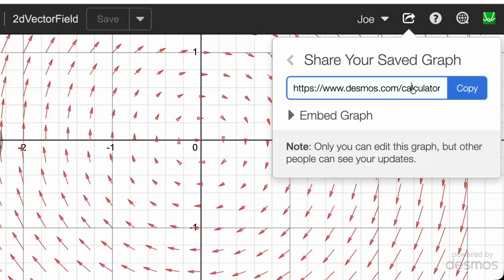And I don't think you can see the whole URL on that screen. I will try to send you guys this in a message. But that'll get you the 2D vector field drawing capacity in Desmos, and then you can adjust your F to play around with various other vector fields.